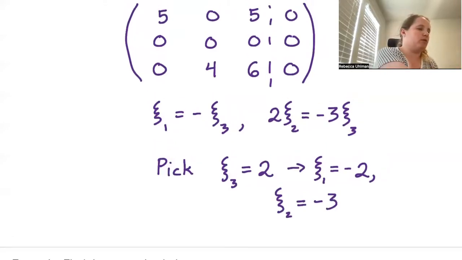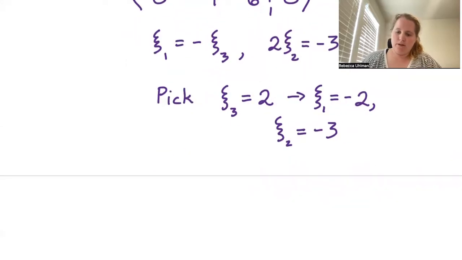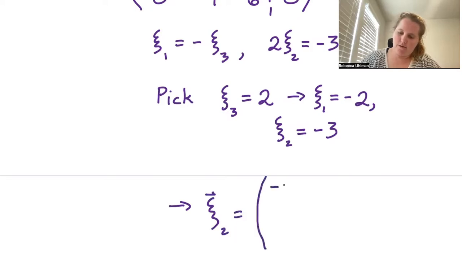I need to give myself a little more space. All right, we wind up with the vector, our xi2 is negative 2, negative 3, 2.